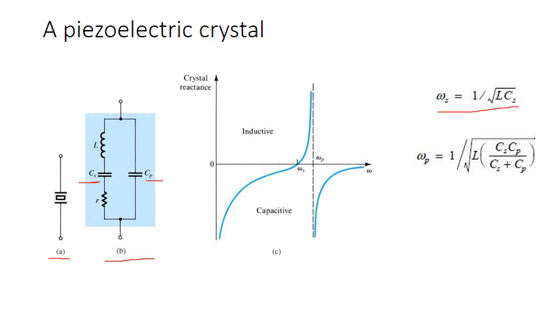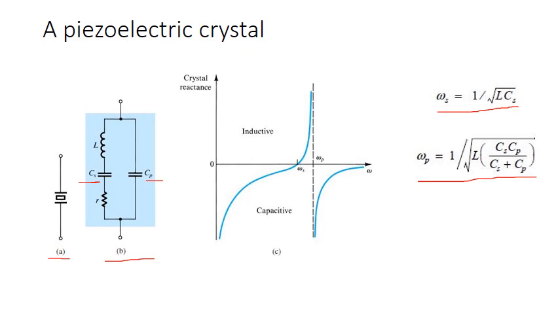The parallel resonance Wp is given by this equation, 1 divided by square root of L into Cs Cp divided by Cs plus Cp. Cs is series capacitance, Cp is parallel capacitance.